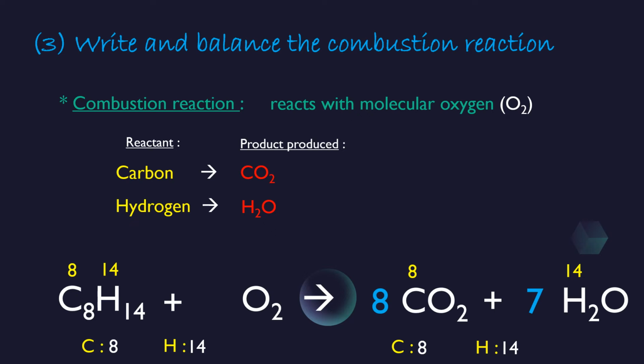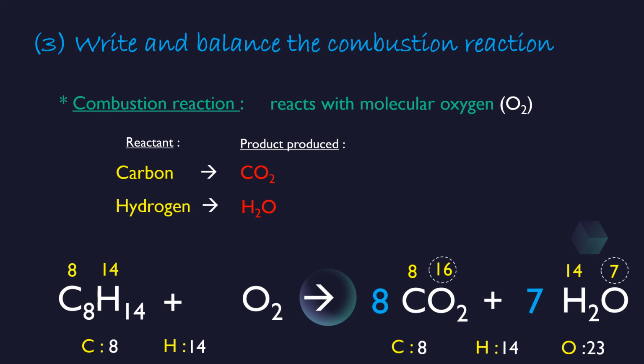The coefficient of 7 in front of H2O tells us we have 7 oxygens. The coefficient of 8 in front of CO2 must be multiplied by the subscript of 2 to get 16 oxygens. 16 plus 7 gives a total of 23 oxygens.